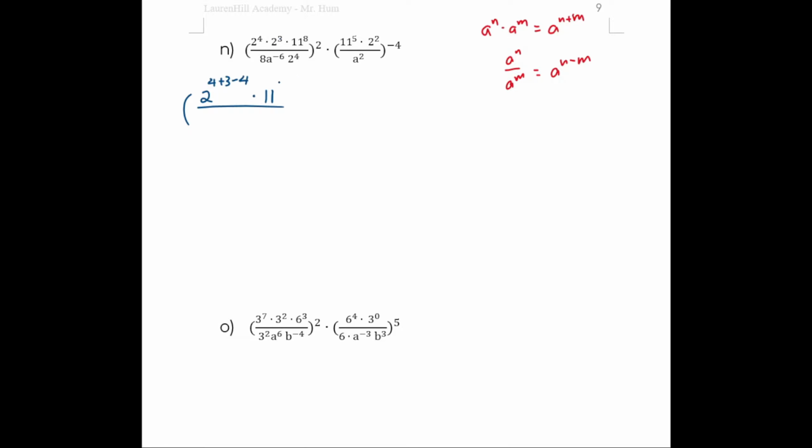And then here we'll have 11 to the 8. And at the bottom we have 8, a to the minus 6, all to the power of 2, times 11 to the 5 times 2 to the 2 over a to the 2, all to the minus 4. Okay, 4 plus 3 is 7, minus 4 is 3, so this is just 2 to the 3, okay?